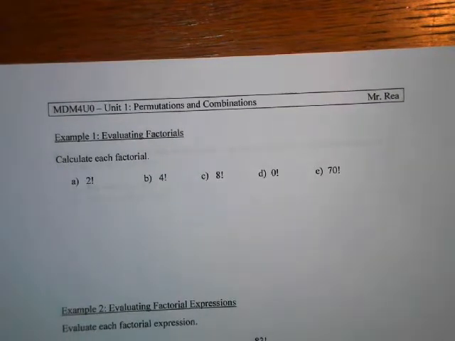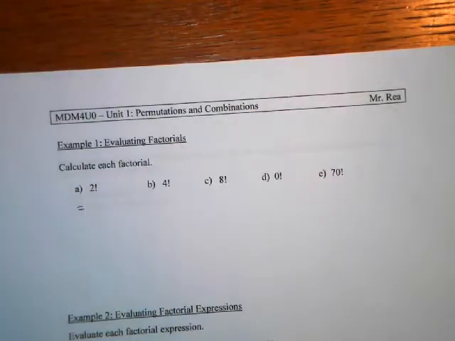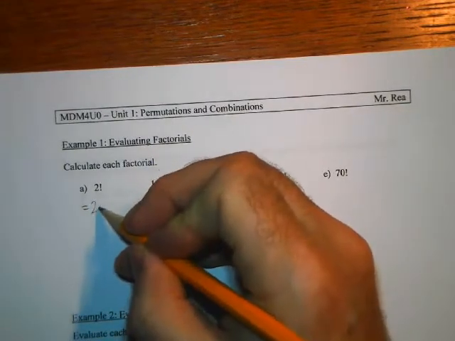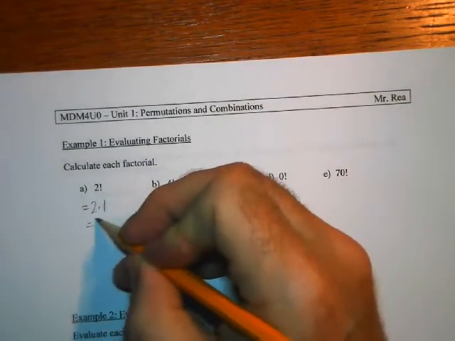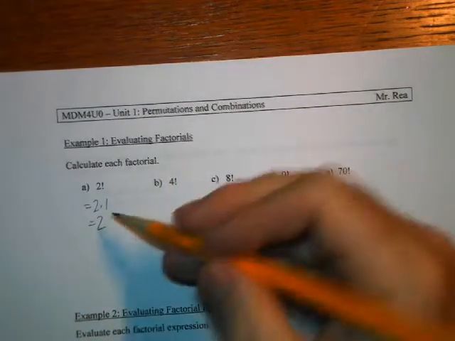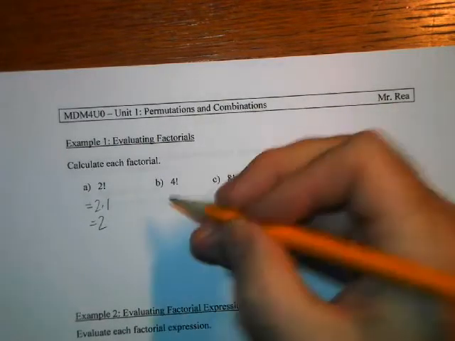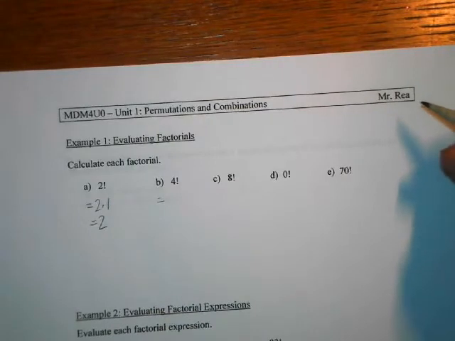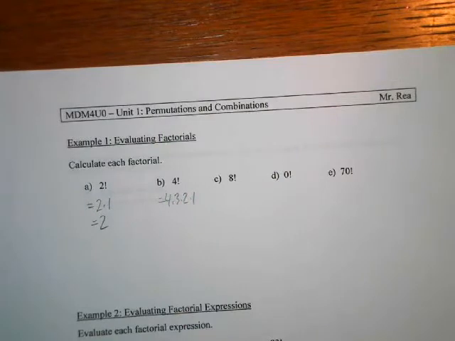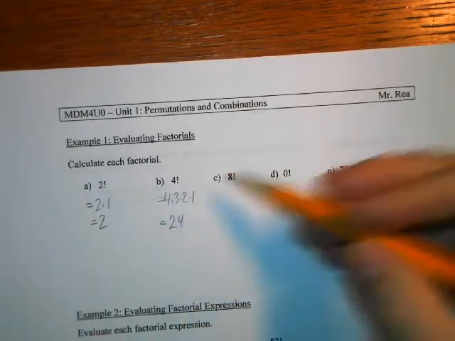So just practicing the factorial. 2 factorial should be pretty straightforward. That's just 2 times 1, which is equal to 2. You can try this on your calculator and make sure the factorial button works when you do 2 factorial. Then you've got 4 factorial, 4 times 3 times 2 times 1, and that works out to 24, or just do it on your calculator.